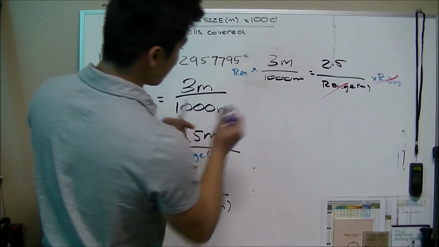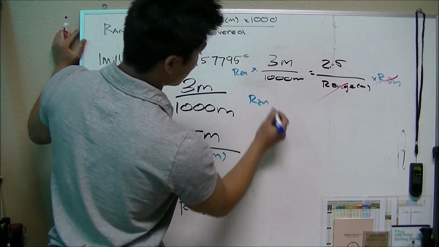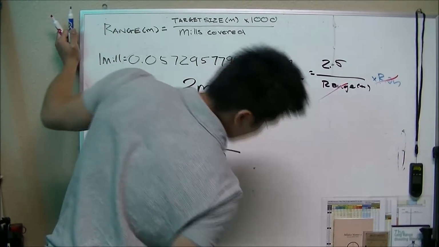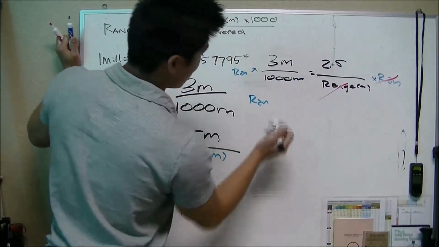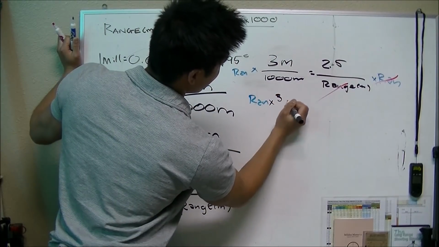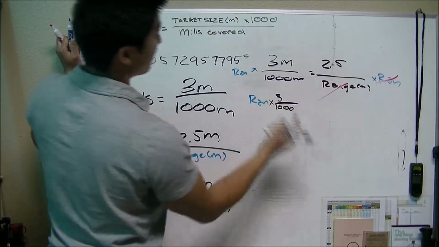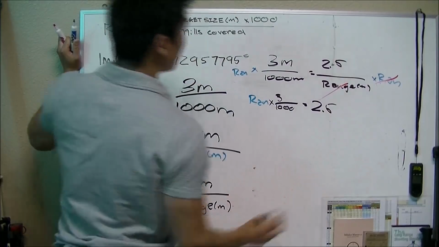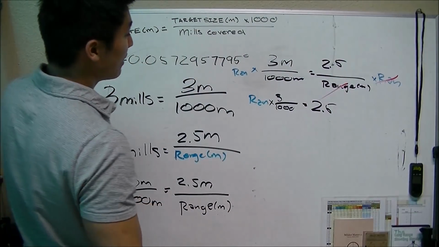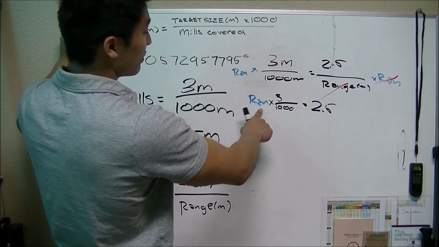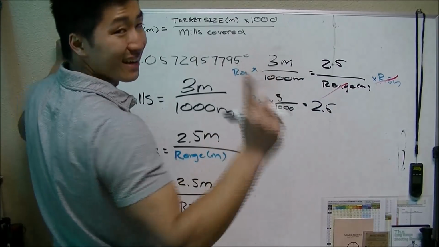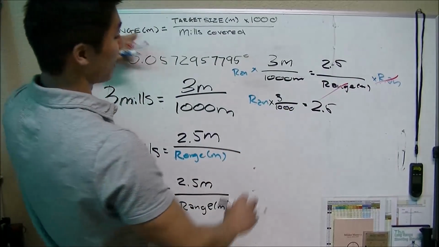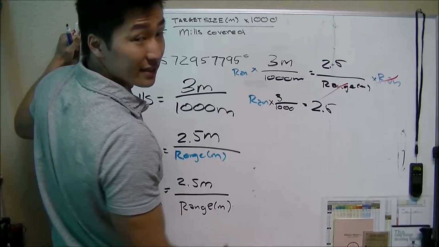We're left with range multiplied by 3 over, you already know it's in meters, right? Multiplied by, since the range canceled out, 2.5. And then to isolate range, we have to multiply, and watch this, right? This is where everything ties into this formula. We're going to multiply both sides by 1,000.